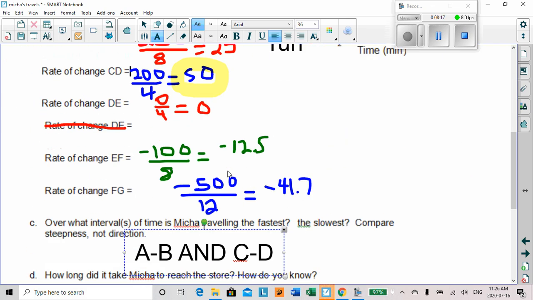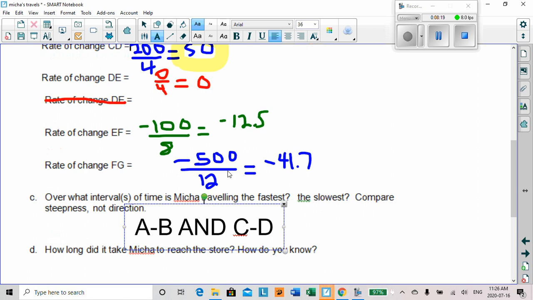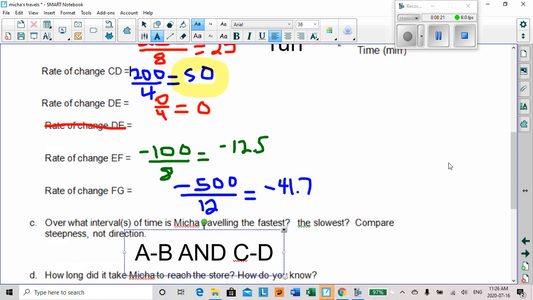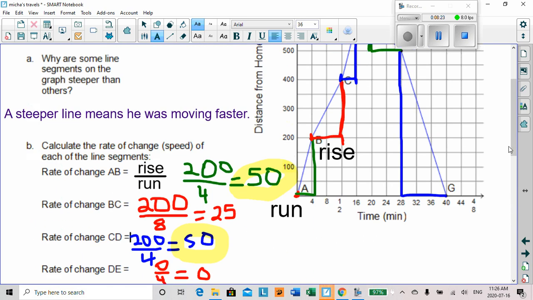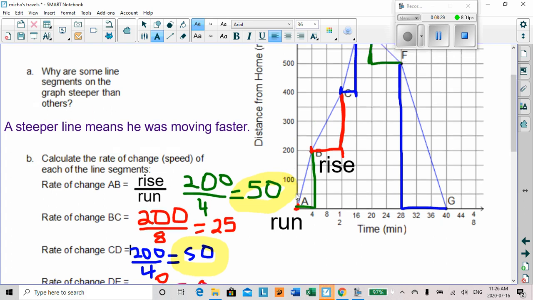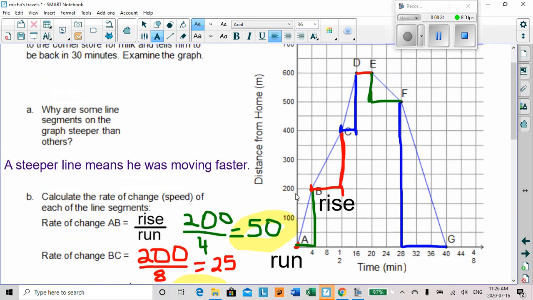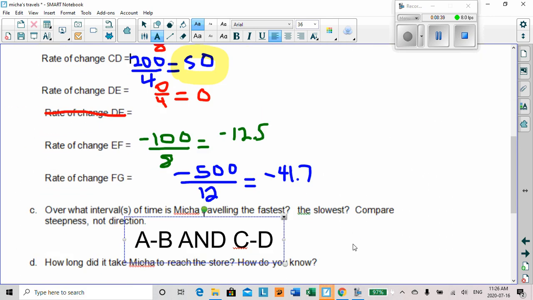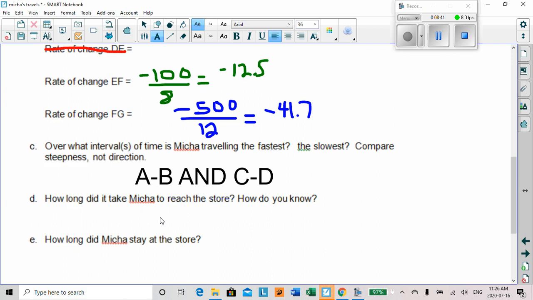Next question. How long did it take Misha to reach the store? Let's look at our graph. We know that he started down here at A, and he reached the store here at D. When we look at the graph, D is at 16, so it took him 16 minutes to reach the store.